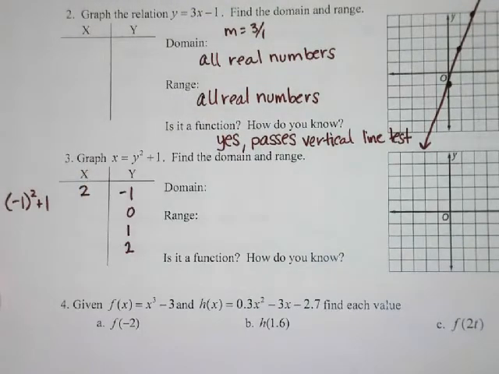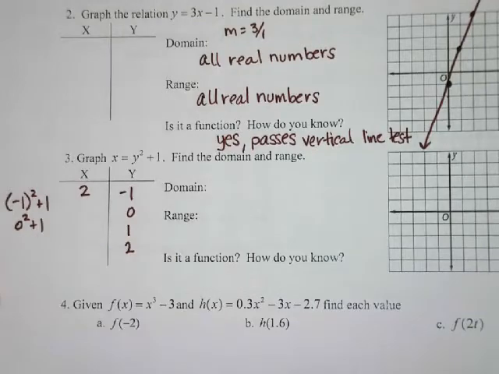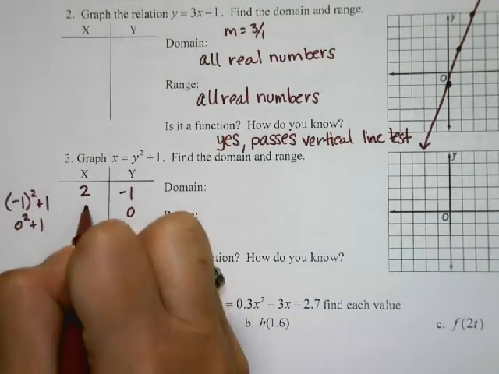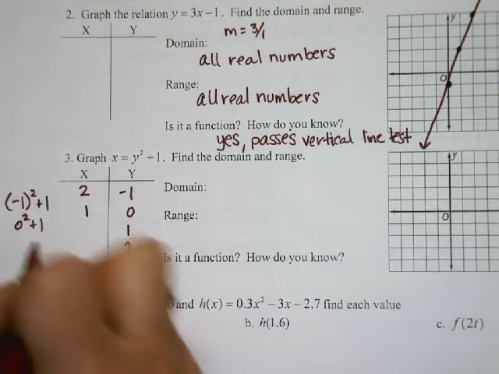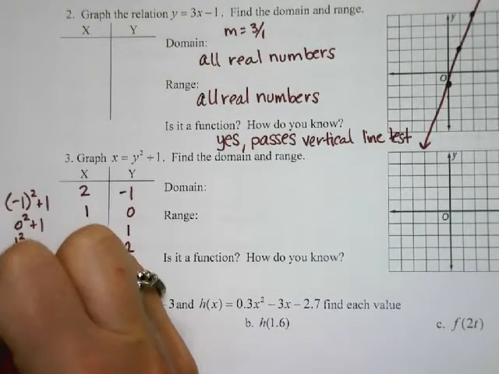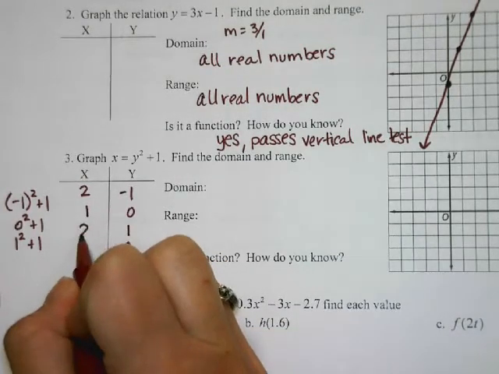So that guy's 2. All right, if we plug in 0. 0 squared plus 1. 1. What if we plug in 1? 1 squared plus 1. 2.